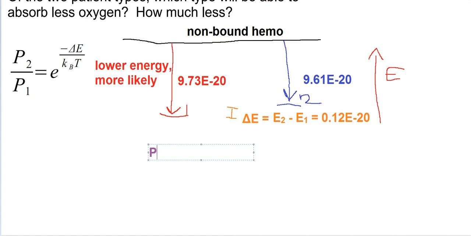So you compare the probability of the second type of binding to the probability of the red first type of binding. This is always equal to the exponential of negative the change in energy, divided by the Boltzmann constant times the temperature, which we have up at the top.